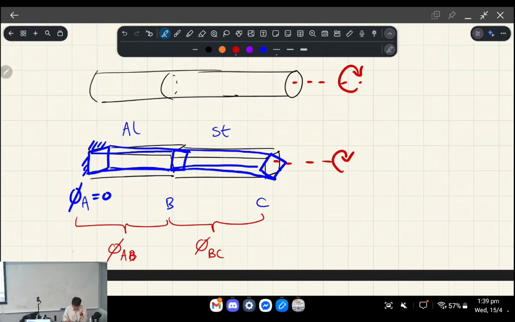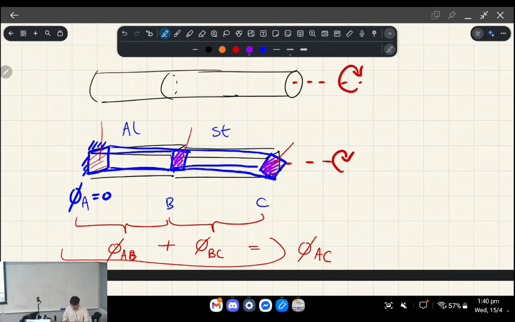So if you're considering the amount the angles change from A to B versus B to C, you'd have to notate it like this, and for the overall twist along the shaft, you basically add them together, so you can get the twist from A to C. That's if you're concerned about how much that cross-section is rotated from here to here. But actually how the question is worded is we only care about the steel portion, okay?